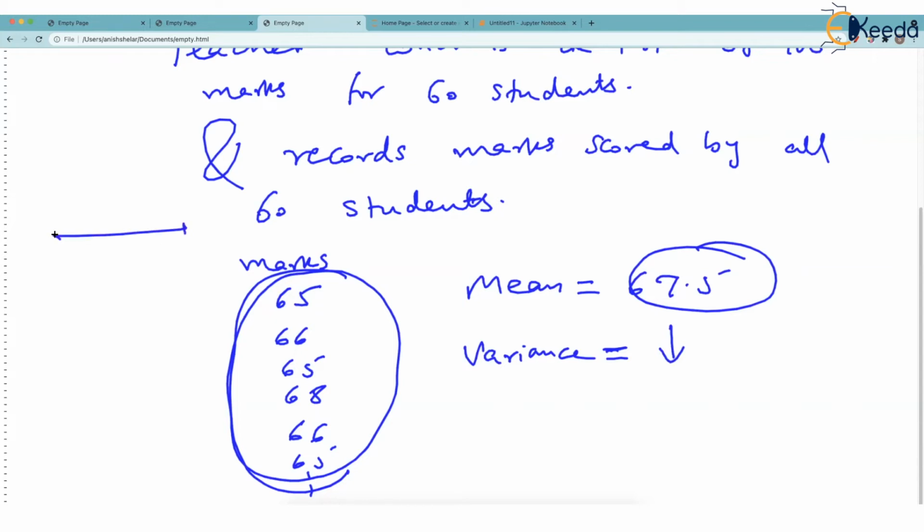If this is the range of the marks, the minimum marks scored by someone, and this is the maximum marks, and this is the average 67.5, and the variance is very small, that means the teacher knows that all students have performed near average only.